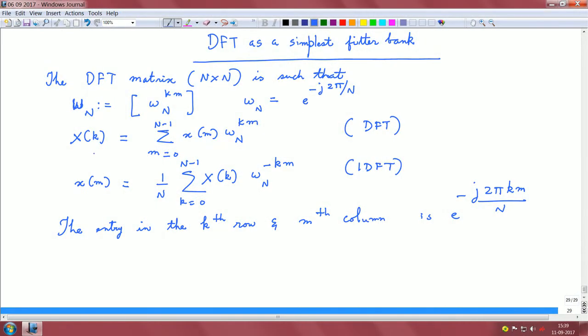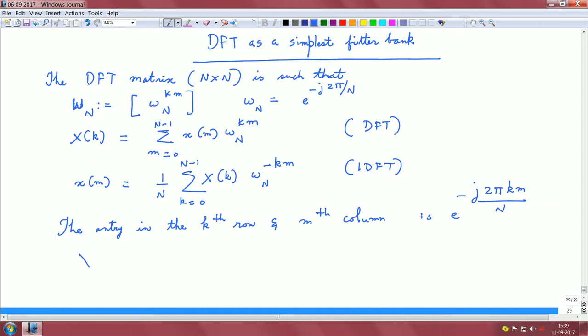If you stack all these points, if you take an n point DFT X of 0, X of 1, and so on till X of n minus 1, and the time domain samples small x of 0, x of 1 so on till x of n minus 1, you can think of it as a matrix multiplication, where you take the time domain samples, multiply with this matrix comprising these entries, and get the frequency domain samples which are X of k.